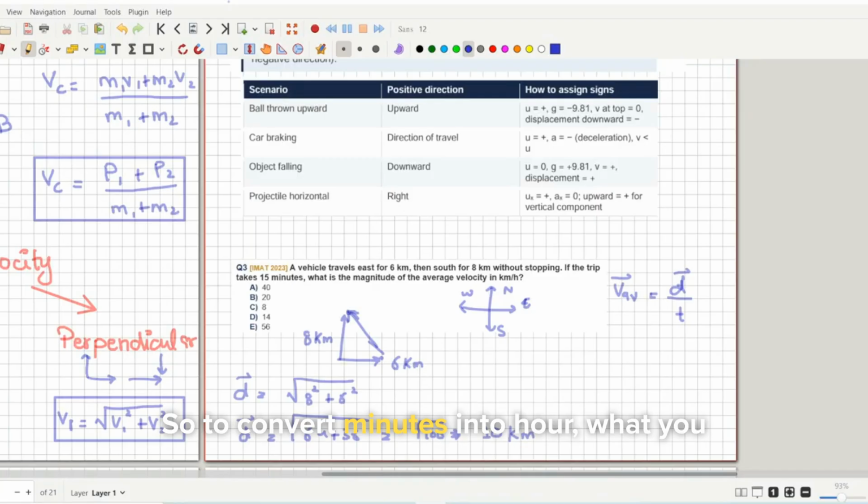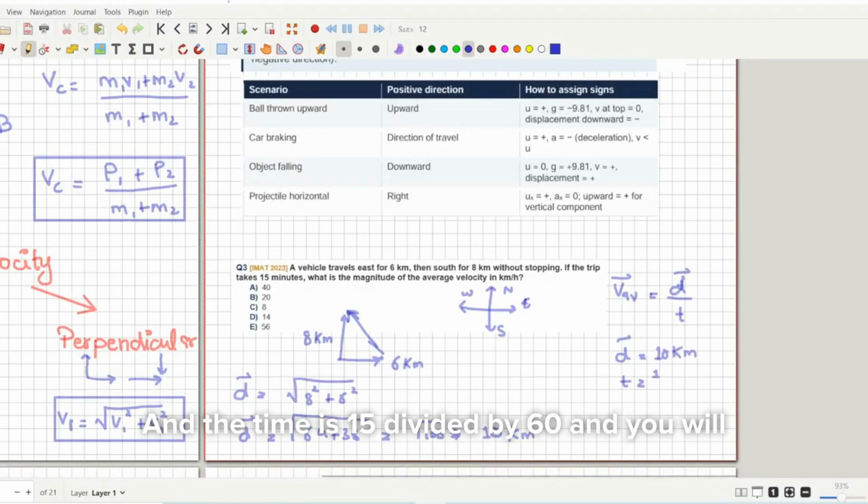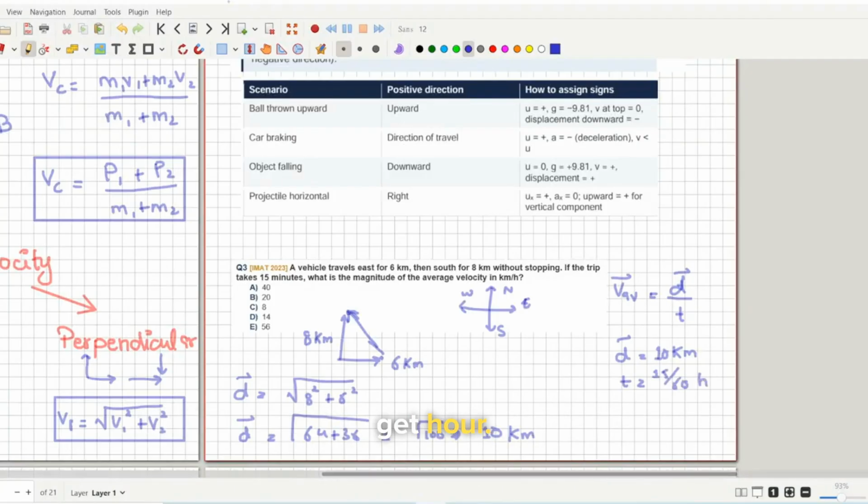To convert minutes into hour, what would you do? In 15 minutes, you will use 15 divided by 60. So the displacement is 10 kilometer, and the time is 15 divided by 60 hour.